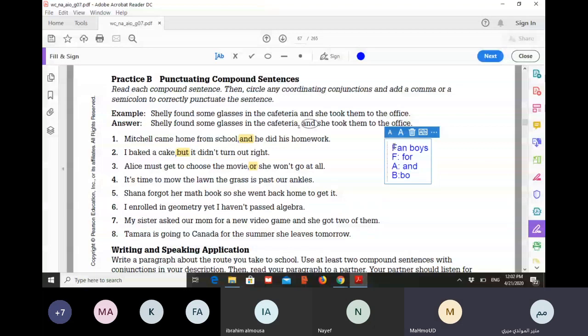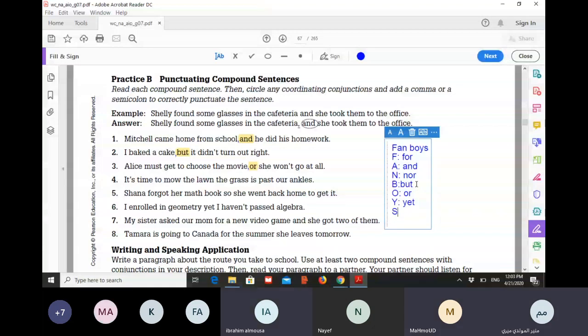Oh, sorry. There is one missing. So we have an N here, and it is nor. Then O stands for or, and Y stands for yet, and S stands for so.